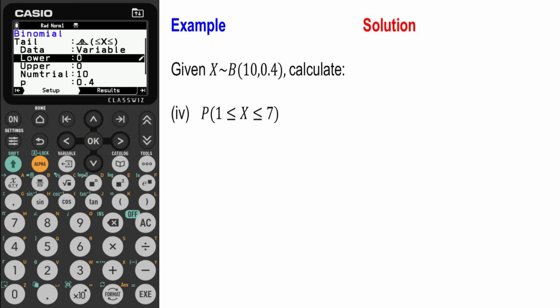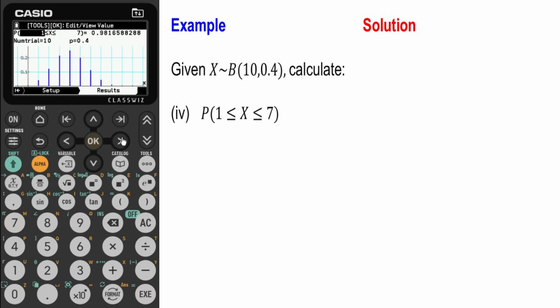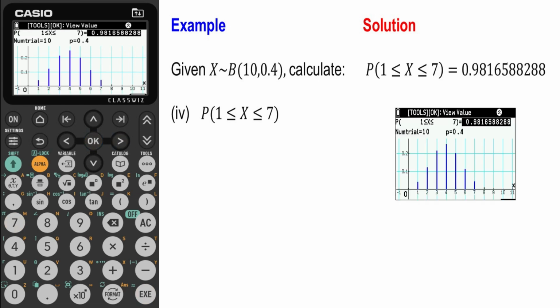The lower is 1, the upper is 7. The probability that X is greater than or equal to 1 but less than or equal to 7 is equal to 0.981, etc.